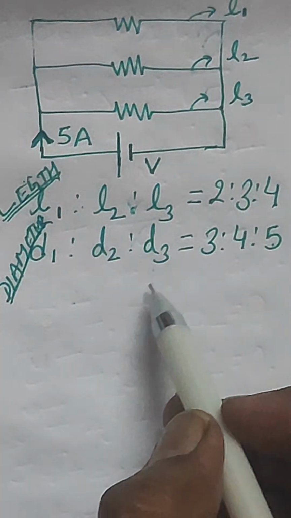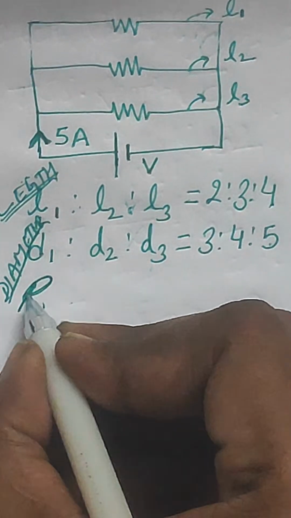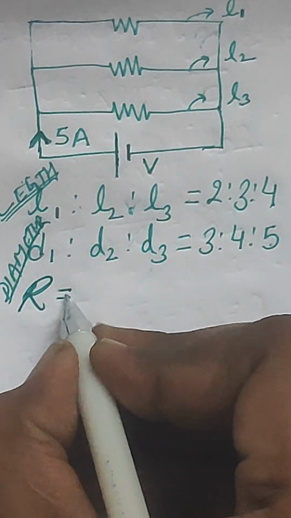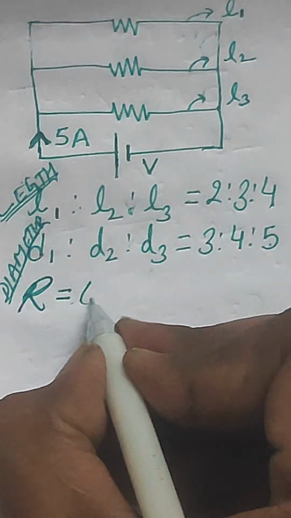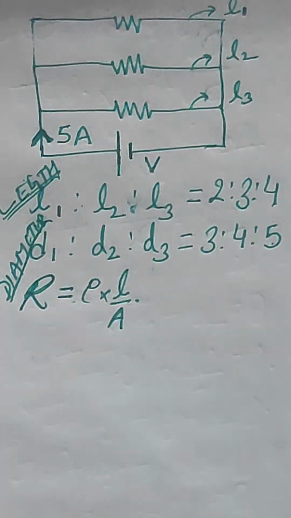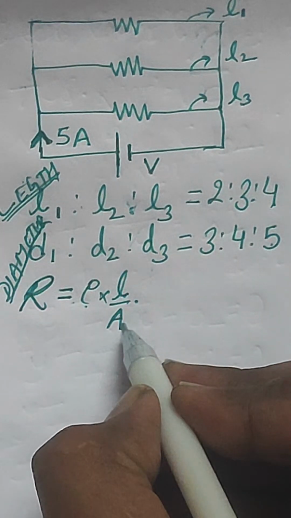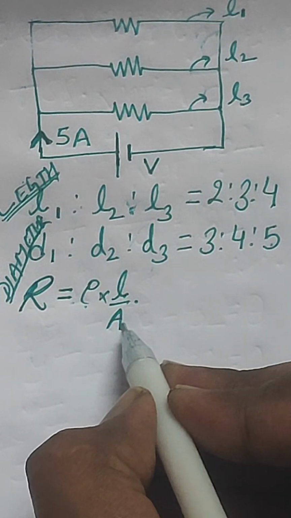Now these ratios are given to you. We know that the resistance of any wire is given by the relation rho L by A, where rho is the resistivity, L is the length, and A is the area of cross section.